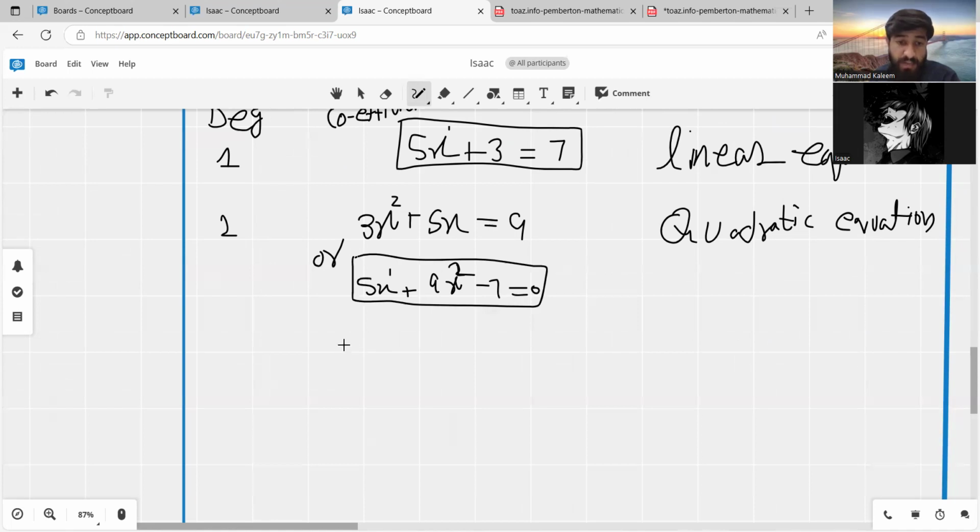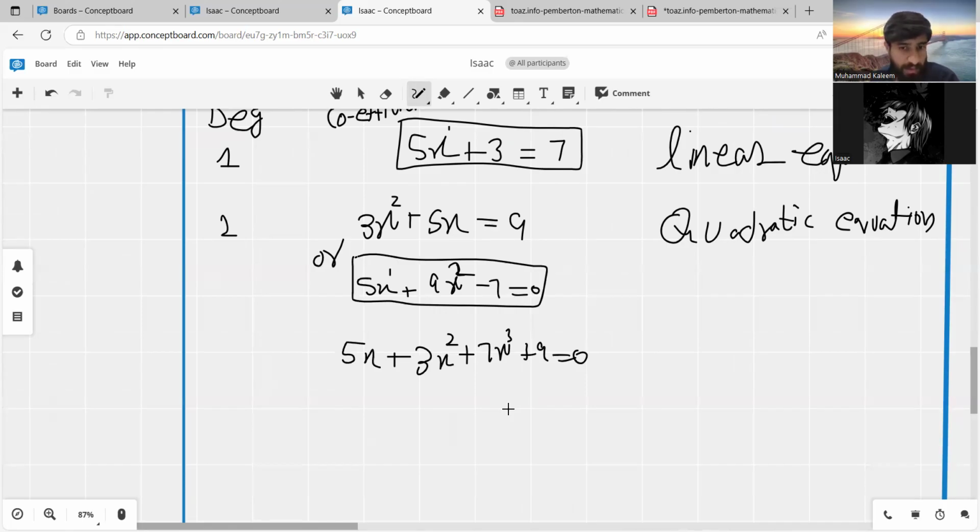So if I say we have 5x plus 3x square plus 7x cube plus 9 is equal to 0, is this a quadratic equation? No, it's not.